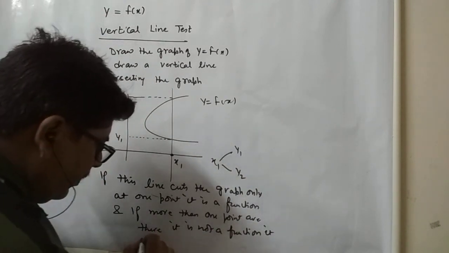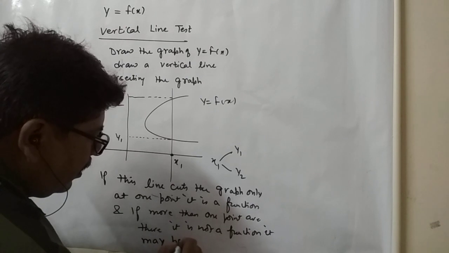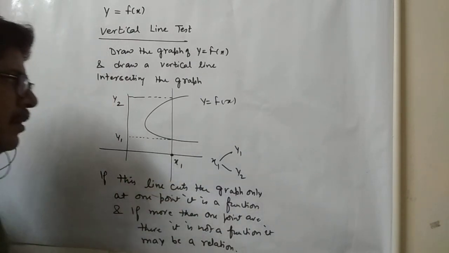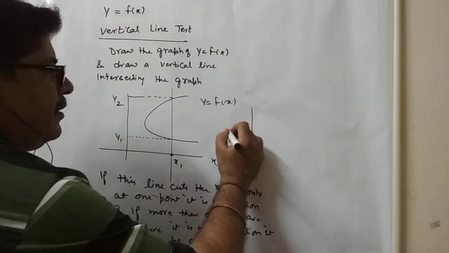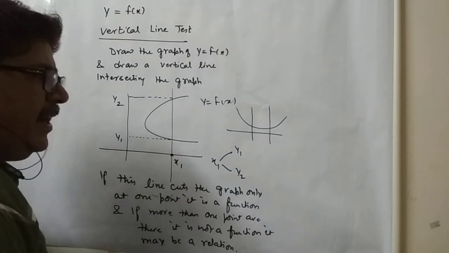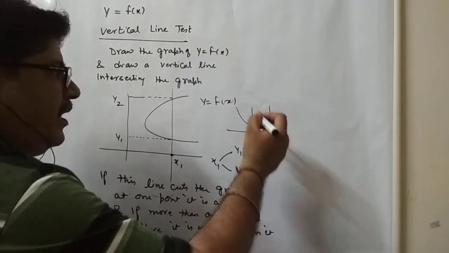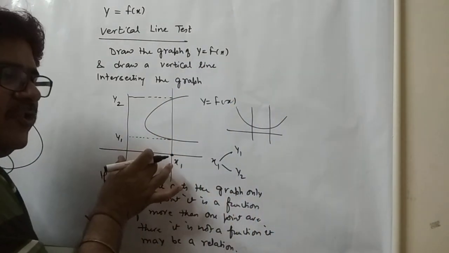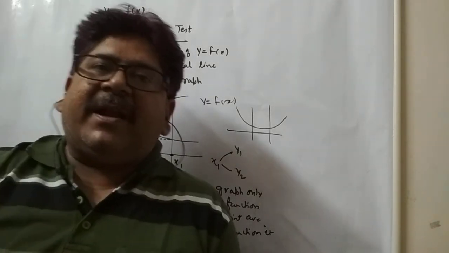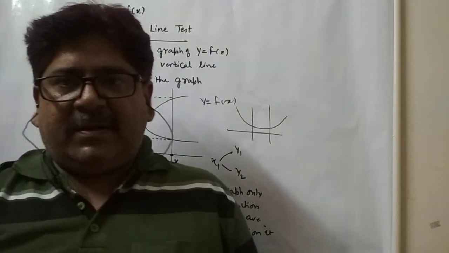It may be a relation. Okay, like this. If this is the graph and line intersect only at 1 point, it is a function, but this is not a function. Okay. So this was mathematical as well as graphical test.